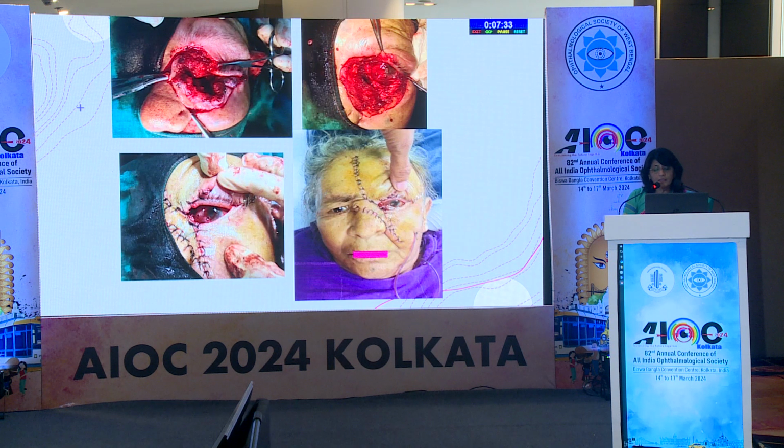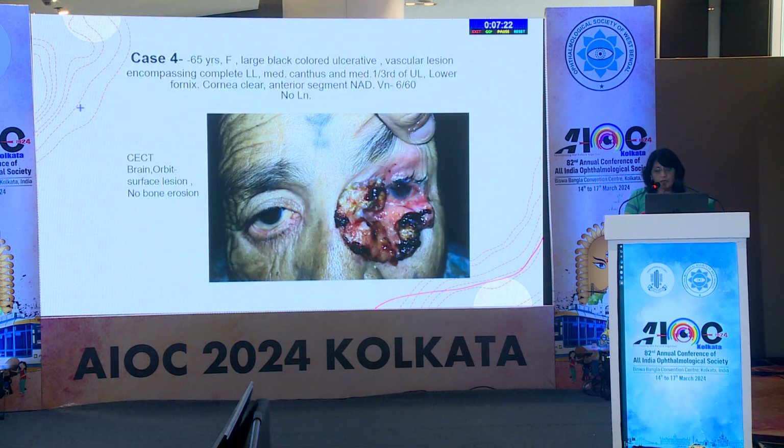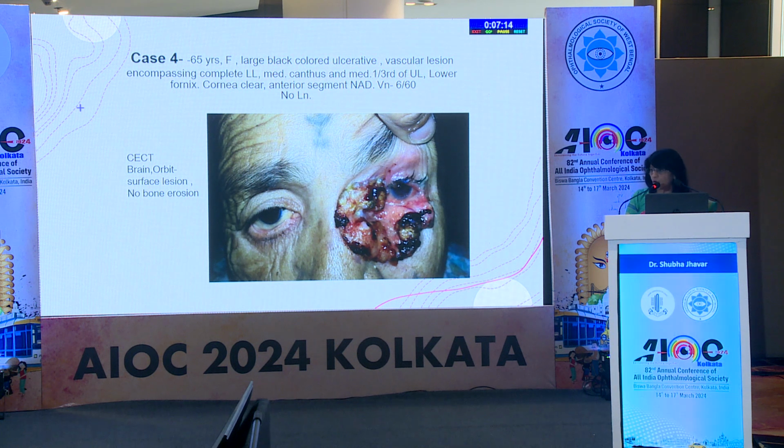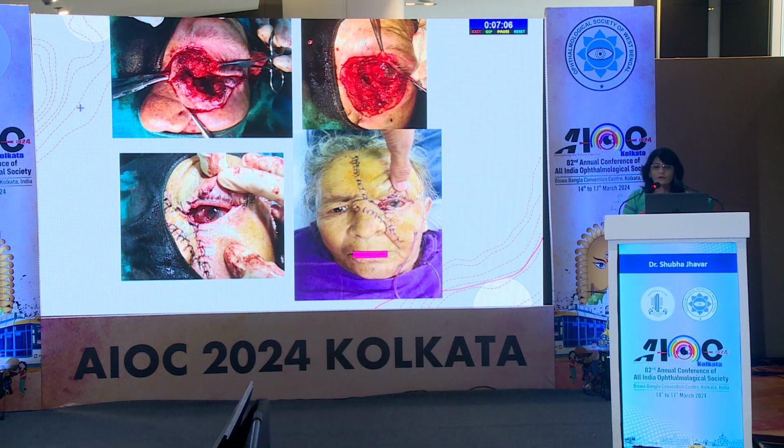It was excised completely to leave a very large defect, which was covered with Mustarde's cheek rotation and a glabellar flap. With this very large tumor, we can consider neoadjuvant chemotherapy, but in this case the lady had come after 10 years of taking care of this tumor at home, and once she came to me, I had no other option but to go in for direct excision and reconstruction.